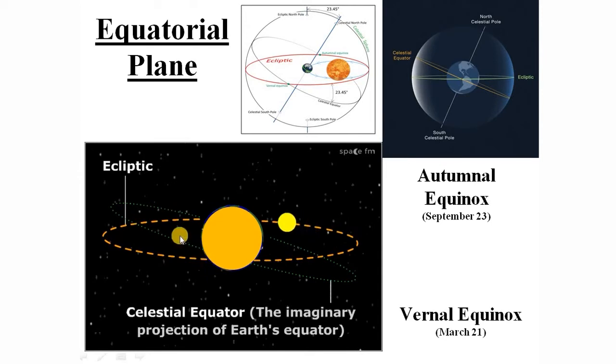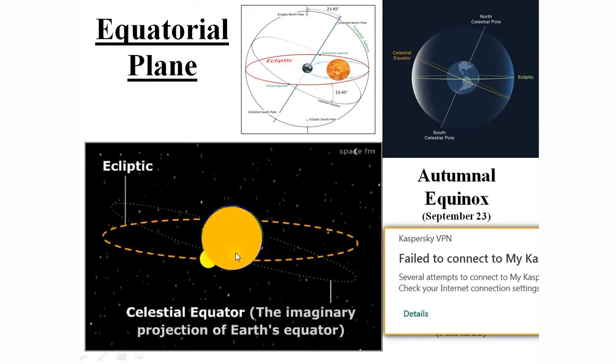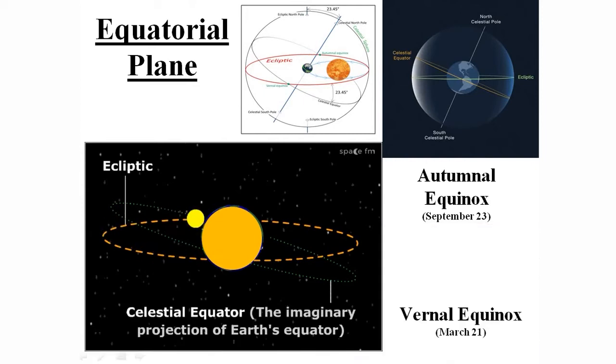The ecliptic circle and the equatorial circle intersect at two points. The first intersecting point we call vernal equinox, and the second intersecting point we call autumnal equinox. The first intersecting point is on our side, the front side.